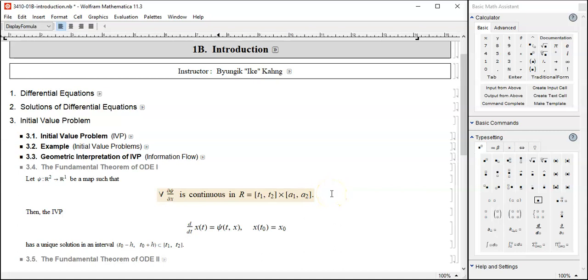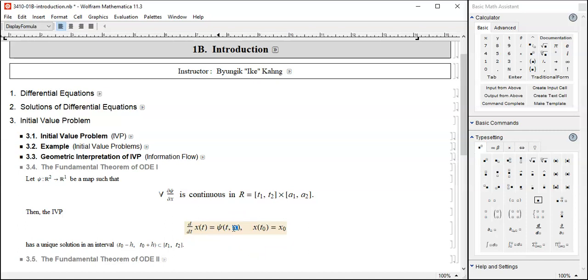Then the initial value problem defined like this, where the derivative is an expression of t and x, has a unique solution in an appropriate interval of definition if the partial derivative with respect to the second variable x exists and is continuous.